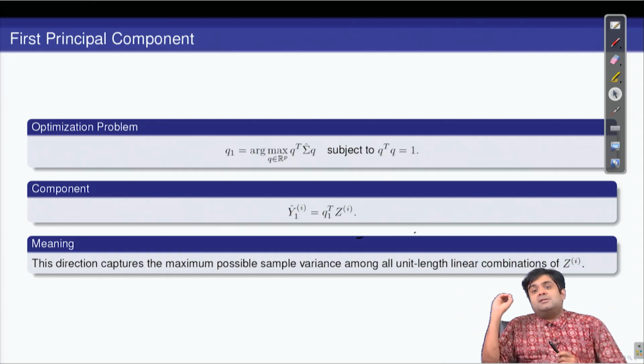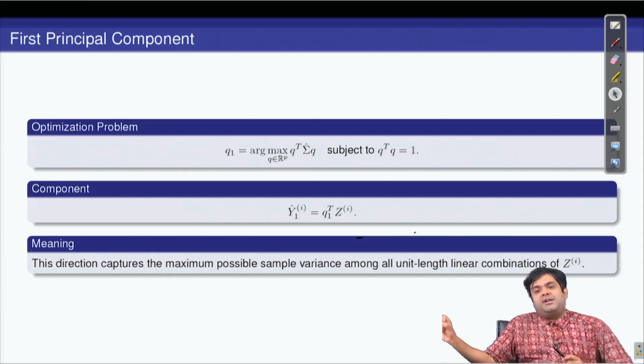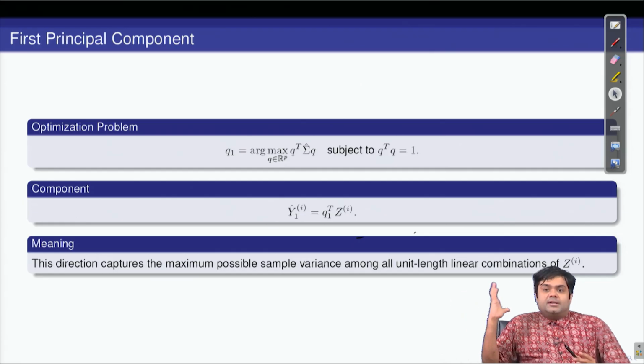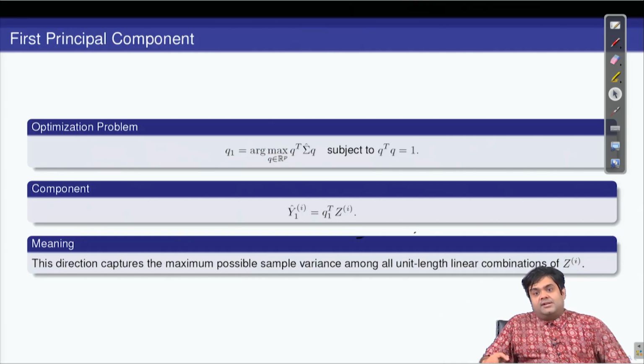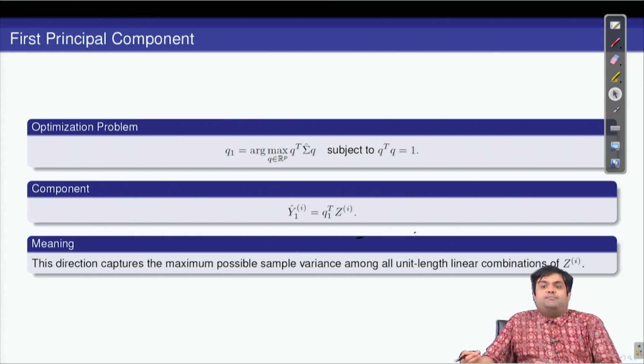Because of uncorrelated implying independent in the multivariate normal setup, this choice of a probabilistically orthogonal coordinate system, that is, uncorrelated coordinate directions, becomes extremely helpful.